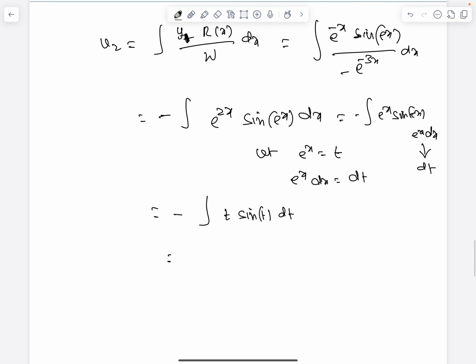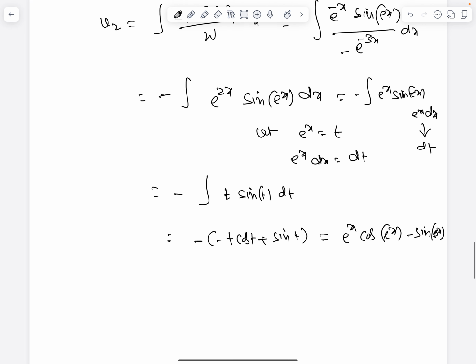So this is very simple to handle, and by integration by parts this gives you cos t plus sin t, which, if you replace t by e^x, is e^x cos e^x minus sin e^x.